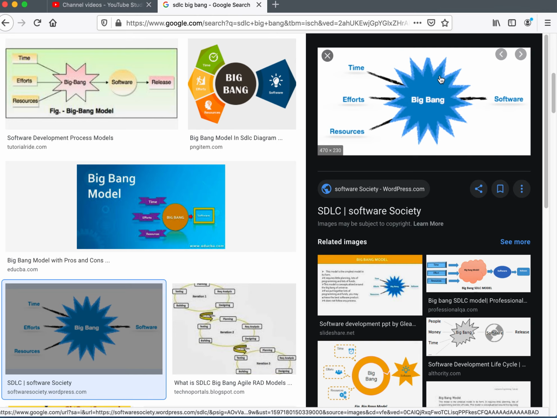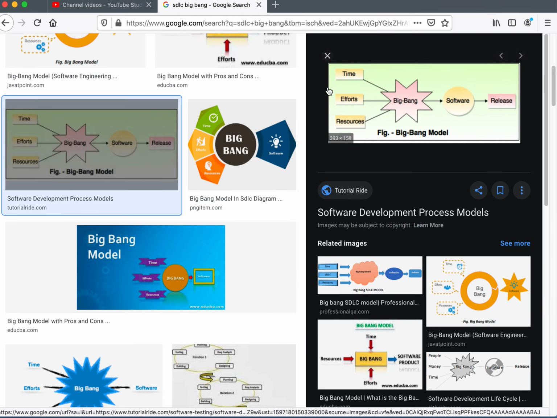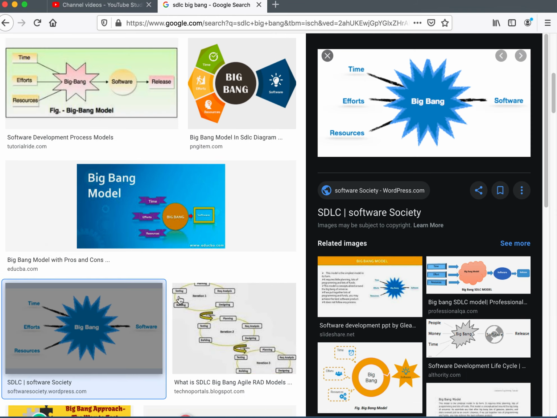So eventually, at some point in time, via time, efforts, and resources, because you can't just brainstorm forever, you're going to be spending money on paying employees, keeping the lights on, and paying bills and all that sort of stuff. And at some point you're going to need to produce some sort of product. So at some point, you come together, and that's probably what this one's trying to show with the come together part, but it kind of just says software instead.